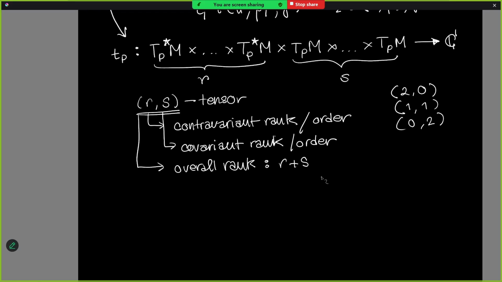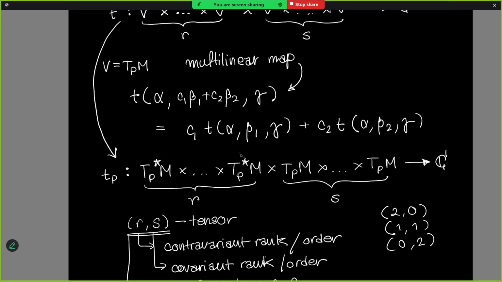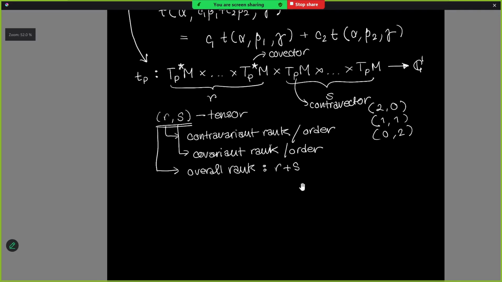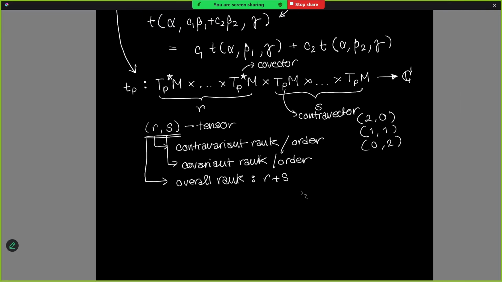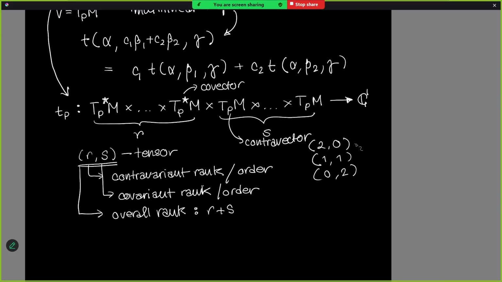So I'm going to try to use the word contravectors to not get confused with general vector spaces, because contravectors are specific kinds of vectors. So the elements of these are called covectors, and the elements of these are called contravectors. And that's because of the way that they transform, but we don't have time to go into their transformation properties. That's for a course in tensor algebra. But suffice it to say, these are all rank 2 tensors.